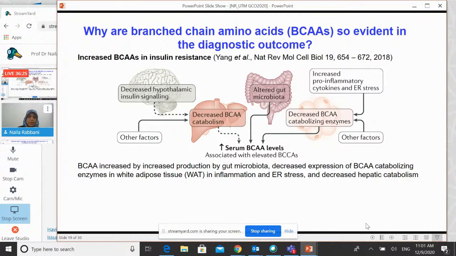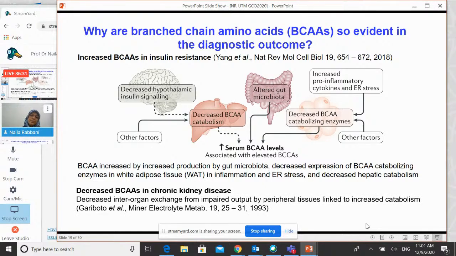So that is the reason why BCAA were picked up as the best feature in the algorithm. So that's where it was increased. But in chronic kidney disease, branched-chain amino acids were decreased, due to decreased inter-organ exchange from impaired output by peripheral tissues linked to increased catabolism.